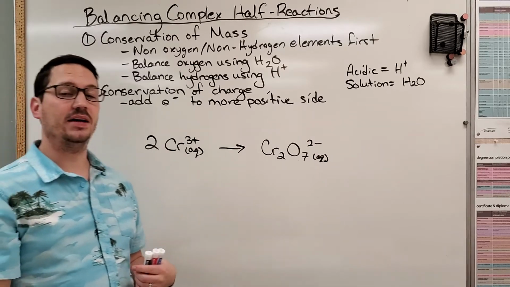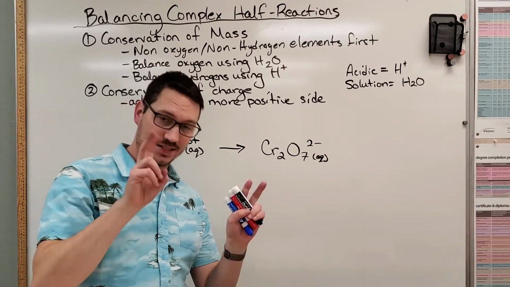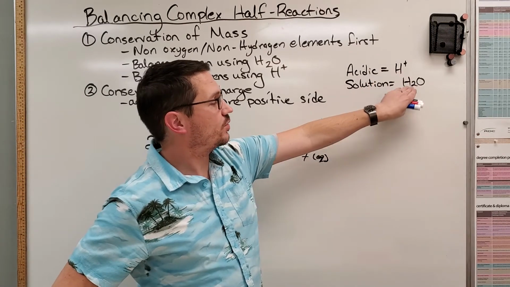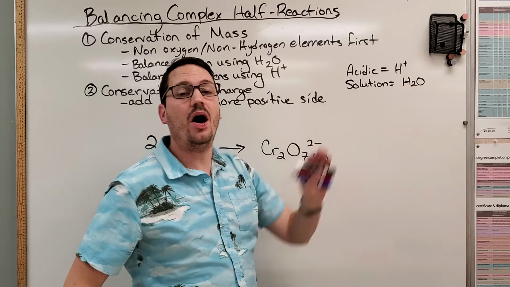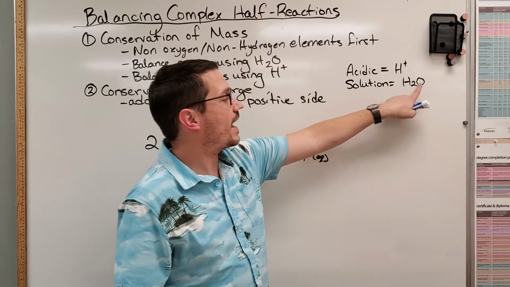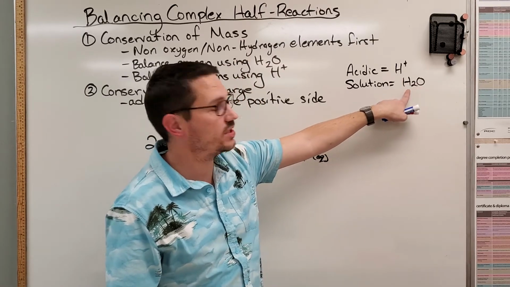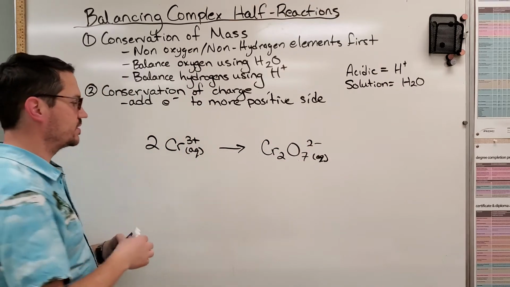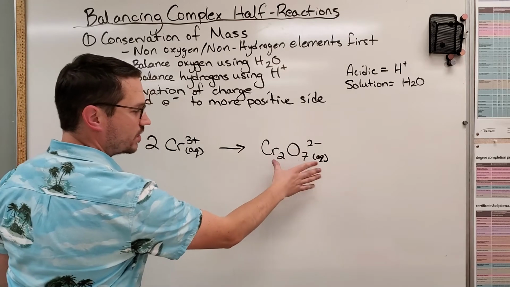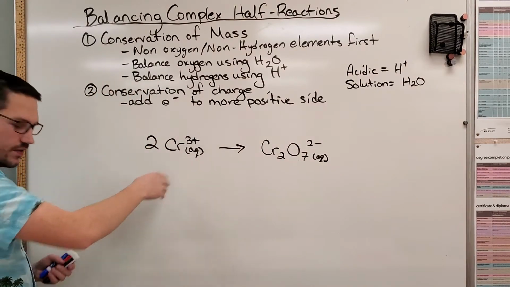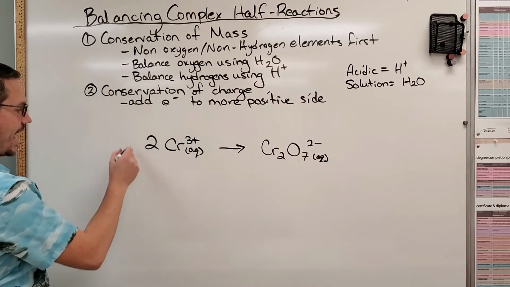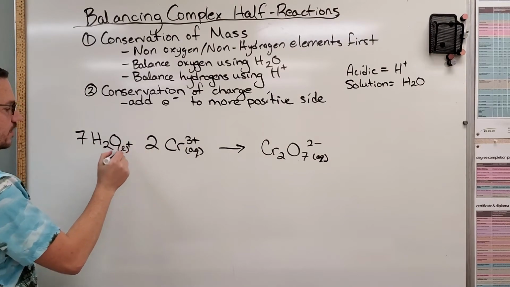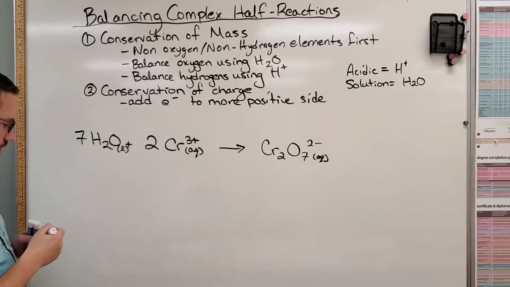Because this reaction is occurring in an acidic solution, we have access to hydrogen ions and water. We're going to deal with the oxygens first, because when I add water, I'm going to change the number of hydrogens. So deal with hydrogens just before you add electrons. So 7 oxygens on one side, no oxygens on the other. I need to add 7 water molecules to the reactant side.